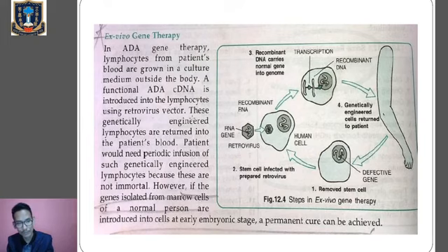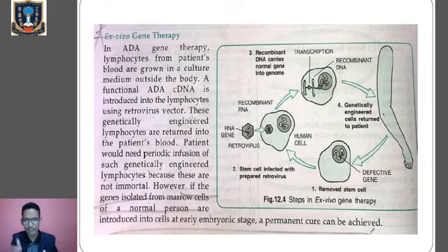Okay, so what is the proper treatment for the ADA disease? If you go for gene therapy, then we have to introduce the genetically engineered lymphocytes at a particular time period because this lymphocyte is not immortal, right? It will not last through the lifetime. It has got a particular lifespan. During that particular lifespan it will be functional.